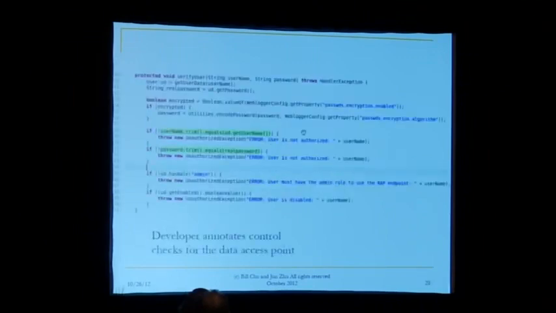And inside verify user you have the check of user ID and passwords, right? So from a developer perspective, annotation is fairly simple. I've coded the verify user. Here are two checks: check user ID, check password. Here's the access control. I've done my job, right?